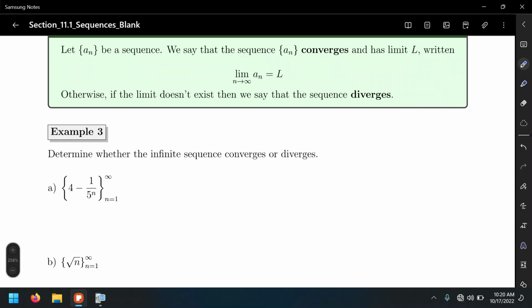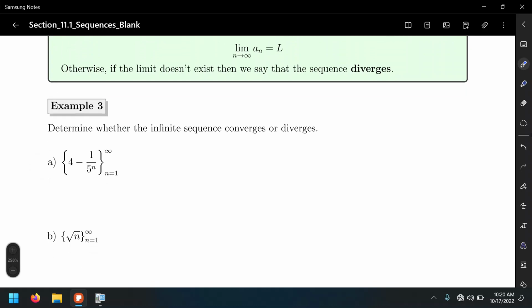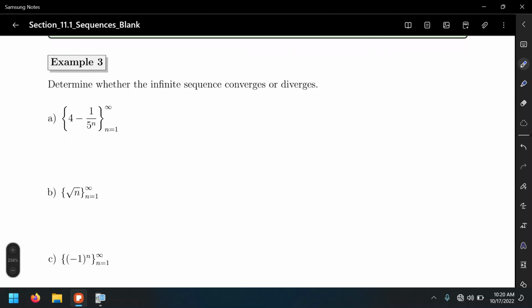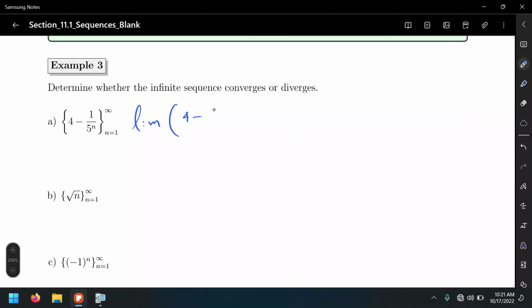All right. So let's have a look at some examples. We have a few sequences here, and they're asking us to determine whether they converge or diverge. So, limit of 4 minus 1 over 5 to the n as n approaches infinity. We need to compute this limit.